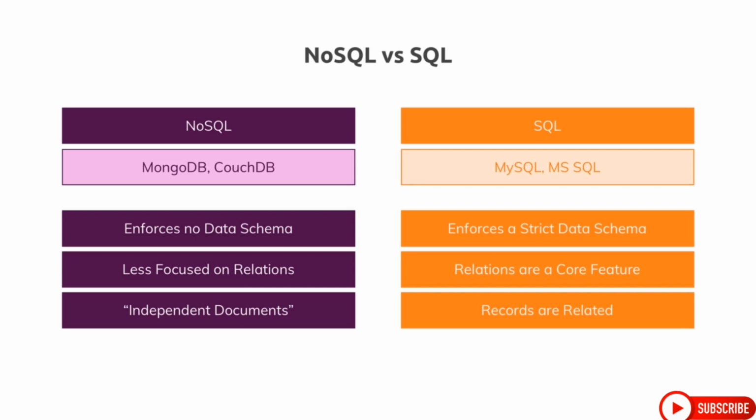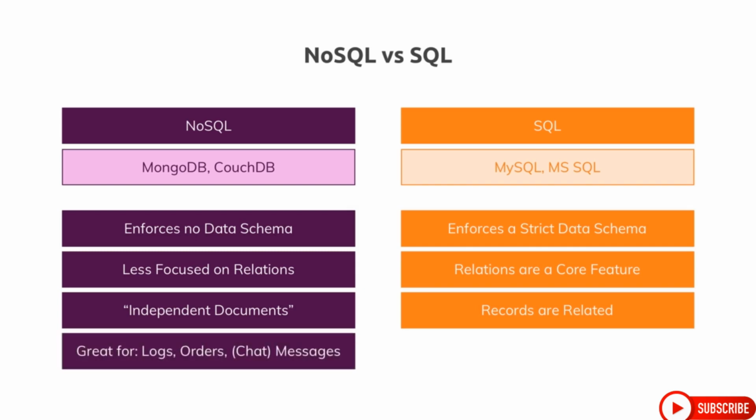And NoSQL is therefore great for data where the structure might vary, where you have a lot of throughput because it's very fast to query, because you have less relations where you need to do complex queries. Instead, you typically query for one collection, just a bunch of documents without creating all these queries and these joins. There are no such joins in NoSQL. So therefore, it's great for things like logs, orders, chat messages.